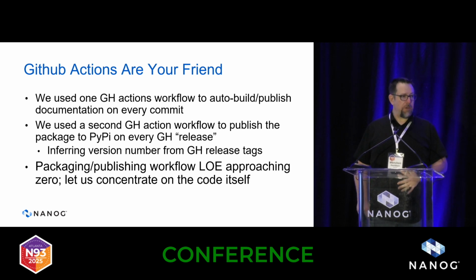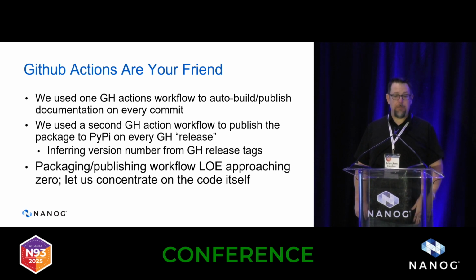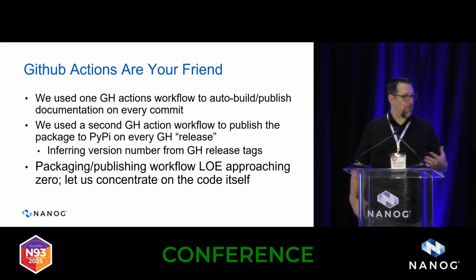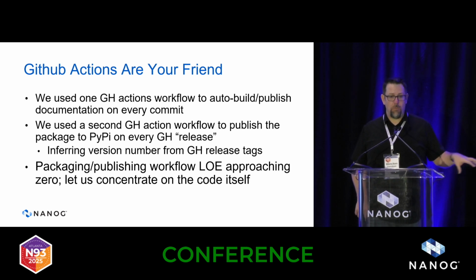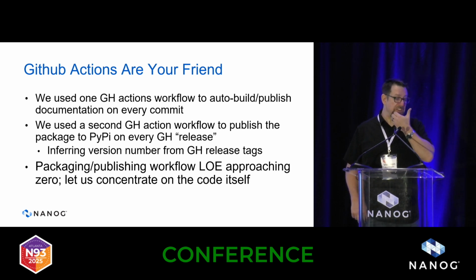It's been my experience that most people don't like writing documentation in the first place. And as we were trying to stretch our wings and move into more code-based automated workflows, being able to reduce the friction associated with documentation was a big win for us. And then the final thing we learned was that GitHub Actions are good friends in that endeavor as well. We wound up using two GitHub Actions workflows in this project.